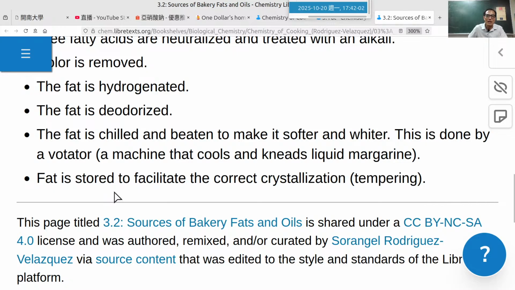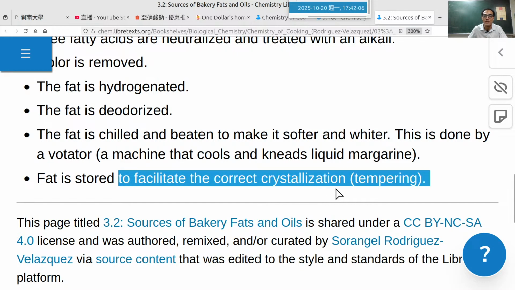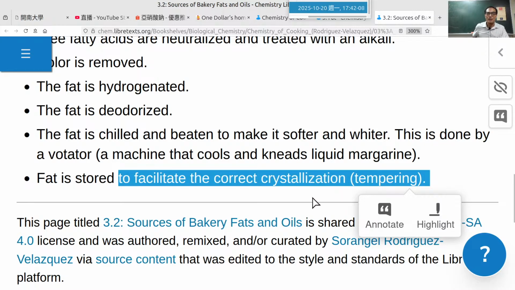Okay. Fat is stored to facilitate the correct tempering. So that's one thing. A long time ago, my father bought a bottle of peanut oil, and he asked me why, when I placed the peanut oil into the refrigerator, it became solid. I said, let me check the principles.